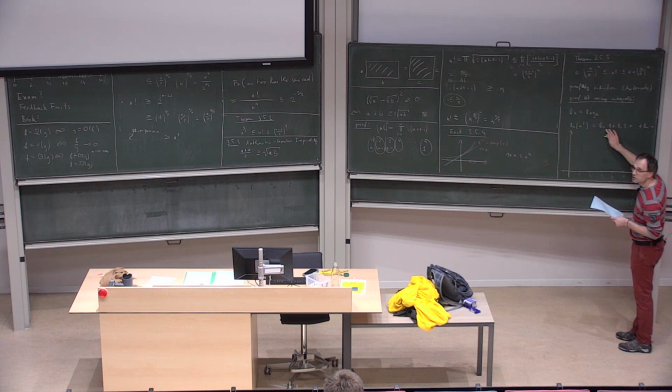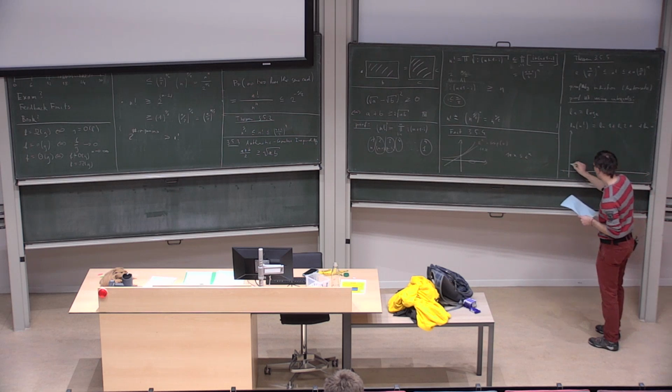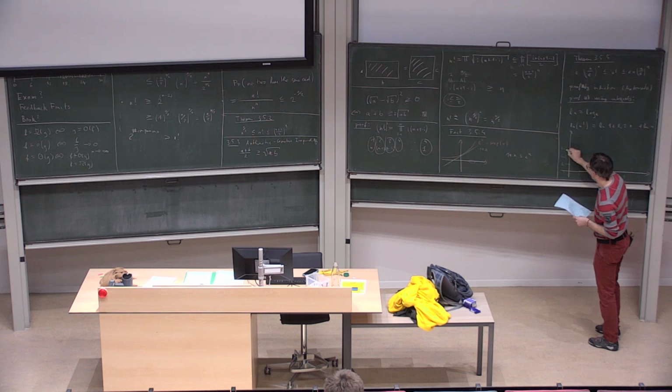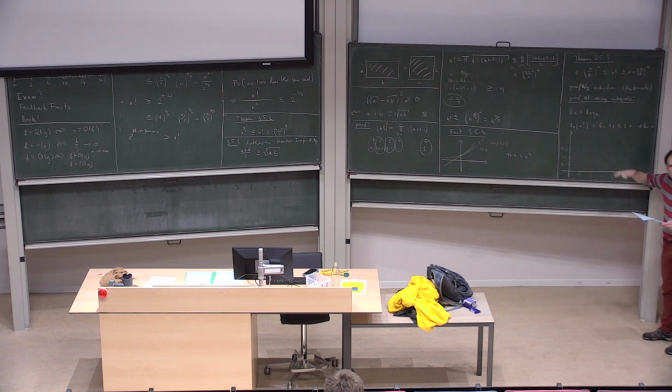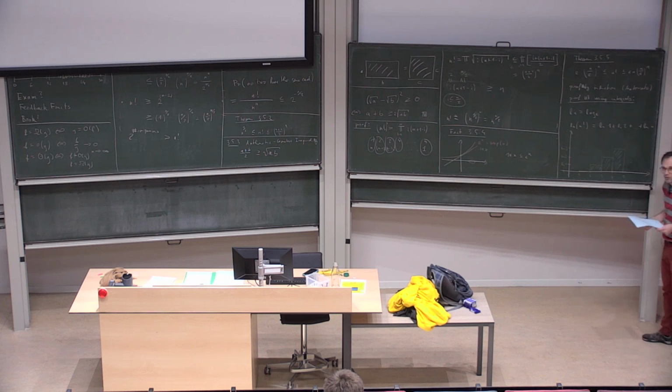So ln of 1 is 0, since e to the 0 is 1, so this just disappears. Then we have ln 2, ln 3. I know this is incorrect in terms of how fast it grows, but I just want to be able to draw this. So I just draw this as a bunch of rectangles.